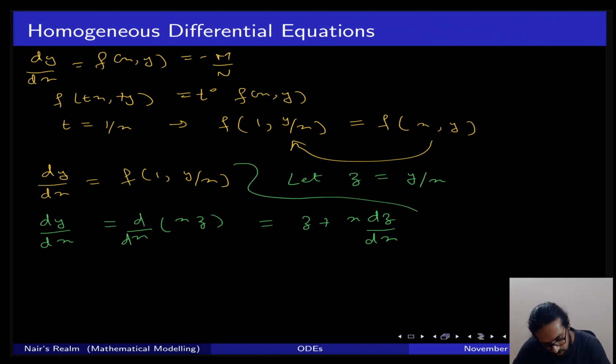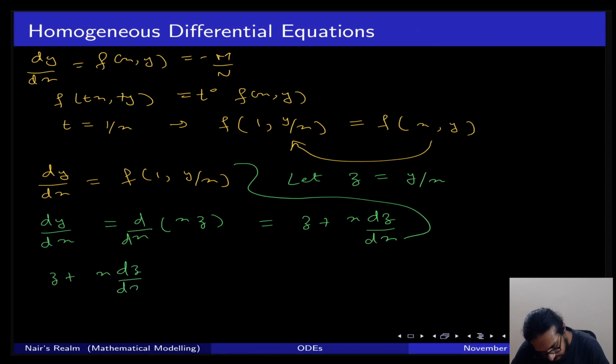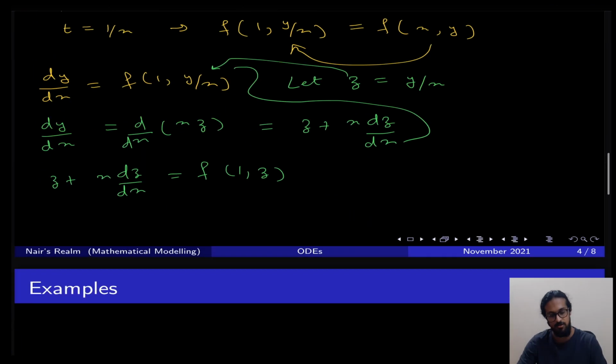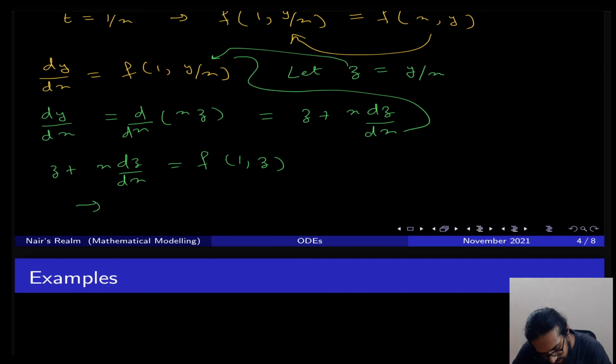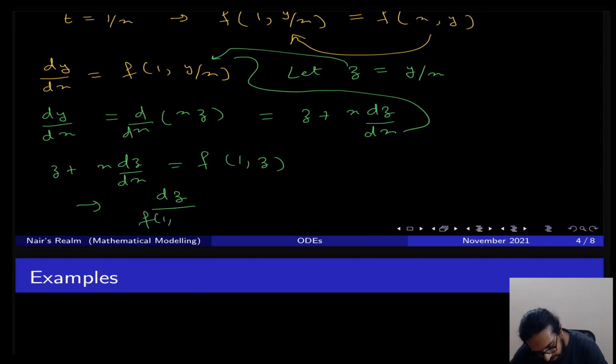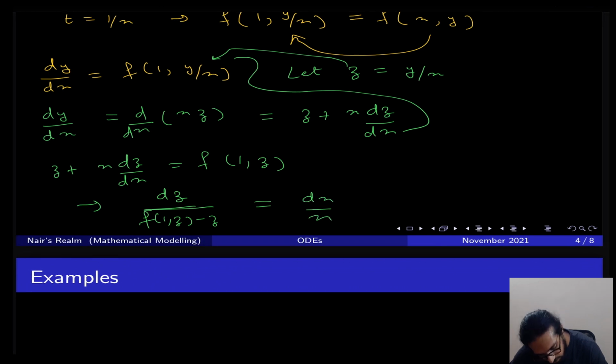So now with both of these together, we can actually see that z plus x times dz by dx is equal to f of 1 comma z. I just substituted this z into this, right? So now this is actually a variable separable differential equation where I can write it in the following way. I can write it as dz by f of 1 comma z minus z is equal to dx by x.